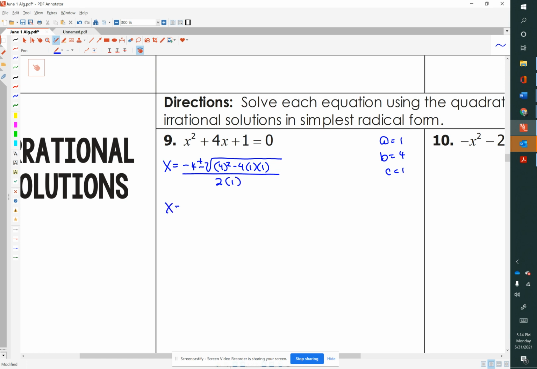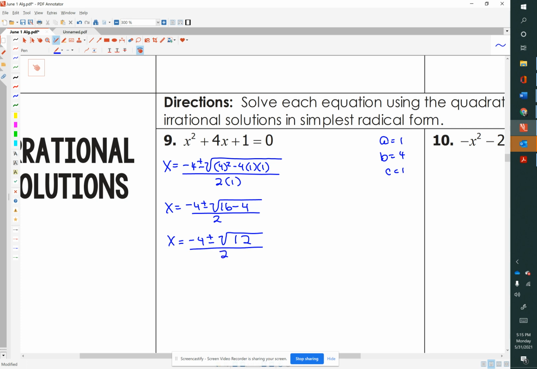And let's keep evaluating. X equals negative 4 plus or minus the square root of 16 minus 4, all of that over 2, and 16 minus 4 is 12, which is not a perfect square.